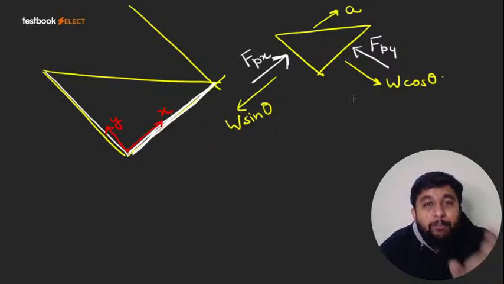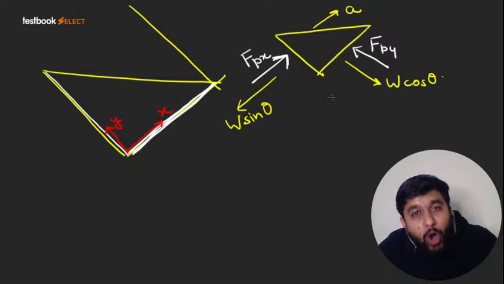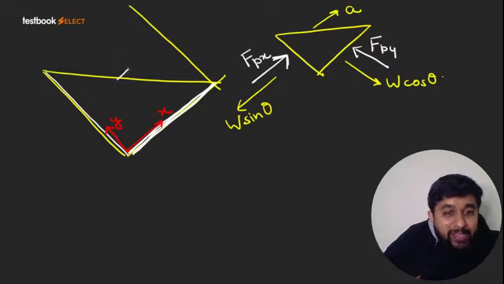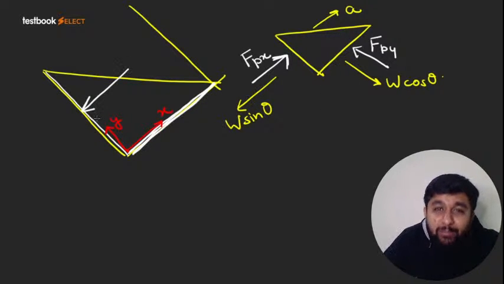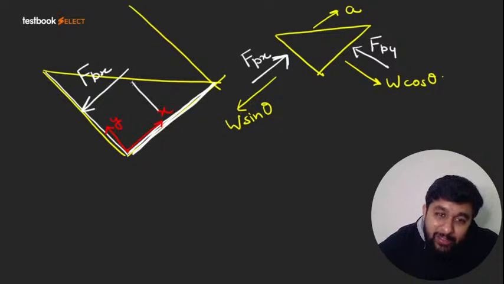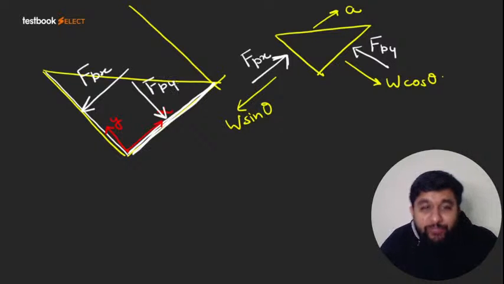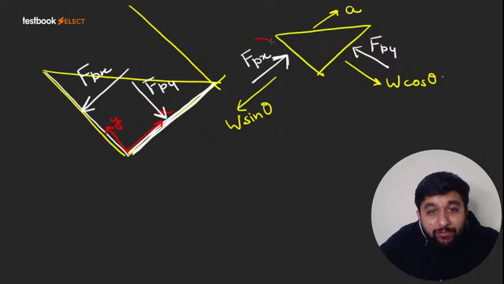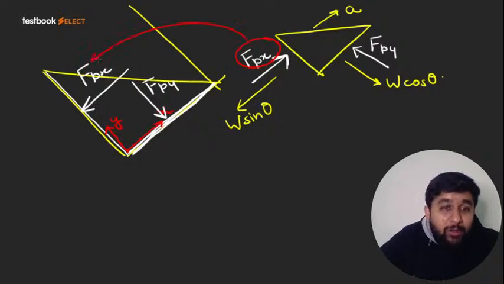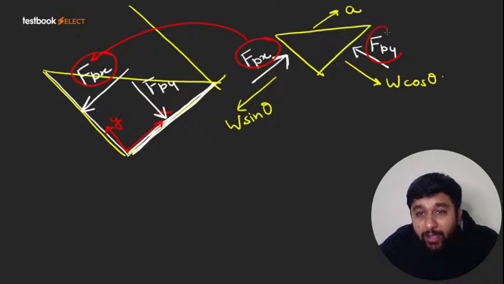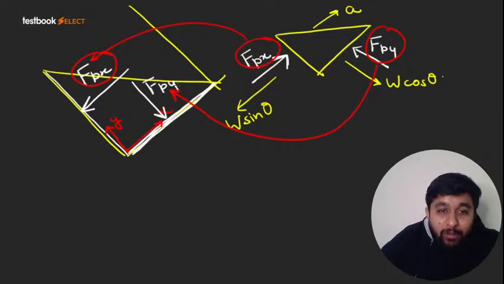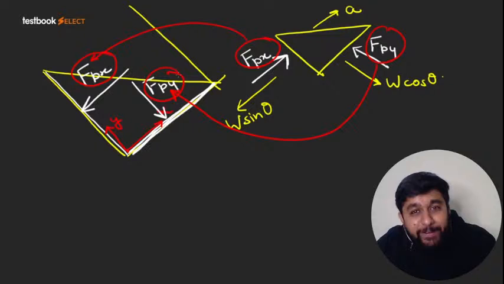The pressure force applied by the solid surface on the water is the same as the pressure force applied by the water on the solid surface, right? So if you are able to find this, you will be able to find out this, right?